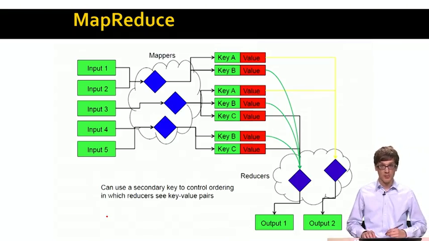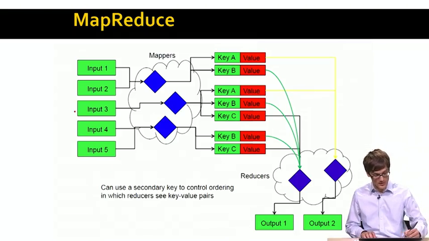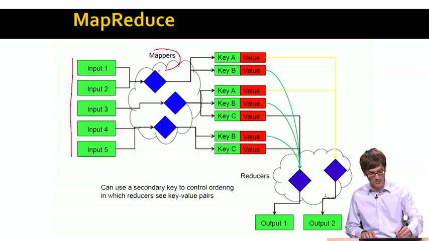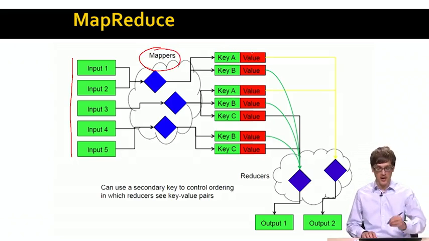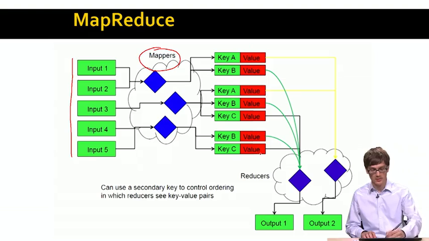Just to remind you how MapReduce works, the idea is that we have our input file split into chunks. Then we pump the chunks of the input file through a set of mappers. Mappers extract key value pairs, right? We have a set of keys and a corresponding set of values. Then this data gets sorted and passed to the reducers, where all the key value pairs that belong to the same key go together.